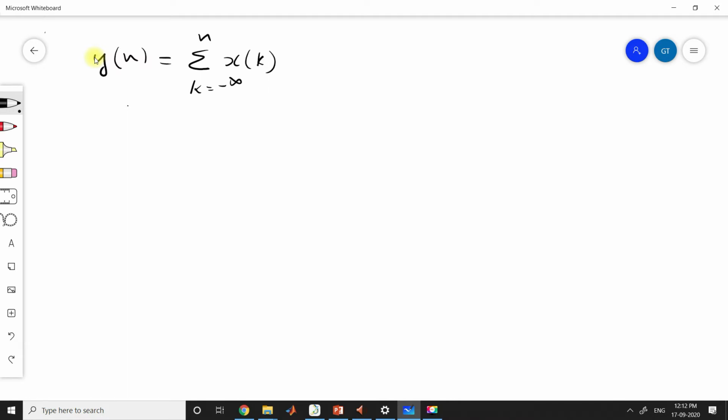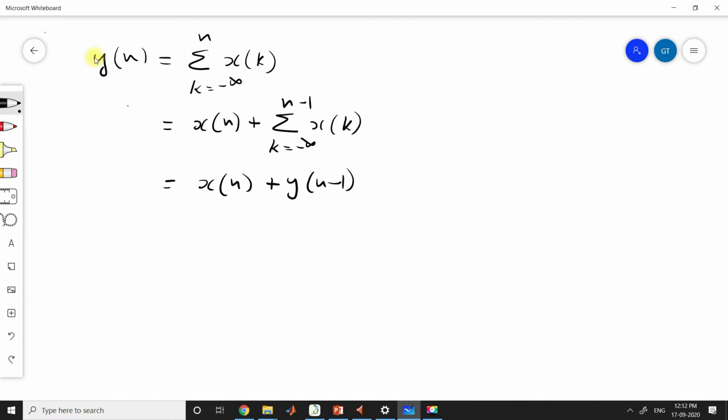Now put k equal to n, so that this expression will become x of n plus sigma k equal to minus infinity to n minus 1 x of k. Now what about the second term? We can see the second term is actually y of n minus 1. So we can rewrite this expression as x of n plus y of n minus 1. Here you can see the output depends on the output, so the system is a recursive system.